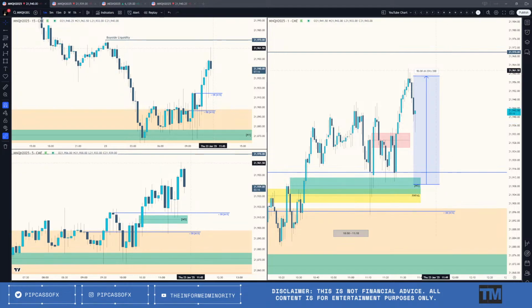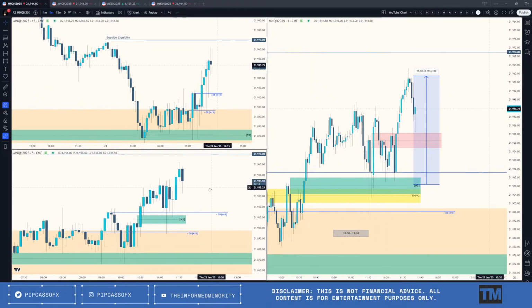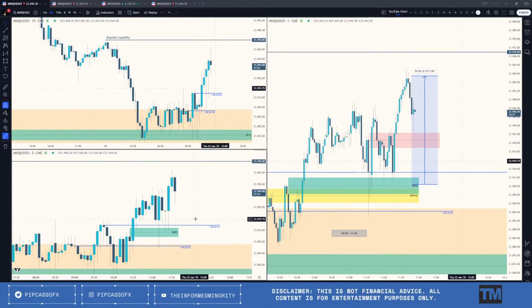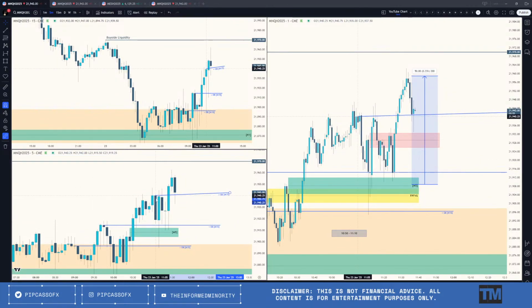But again, for me, this is a crazy pullback. I'll use this as the order block. Let me just use this. Oh, this is a 5 minute. I'm tripping right now. So yes, I see that there.